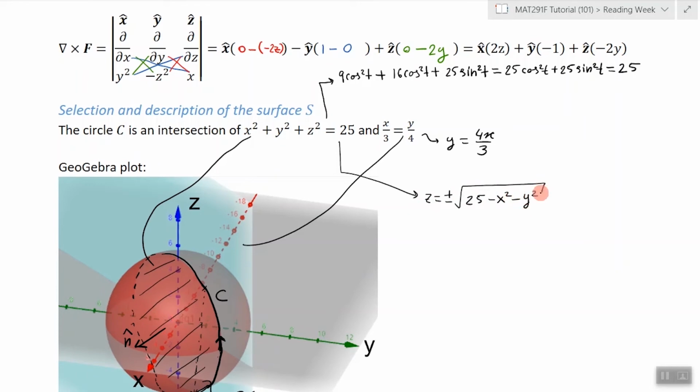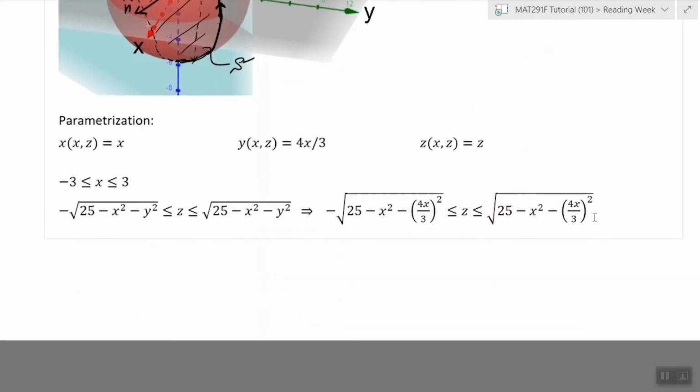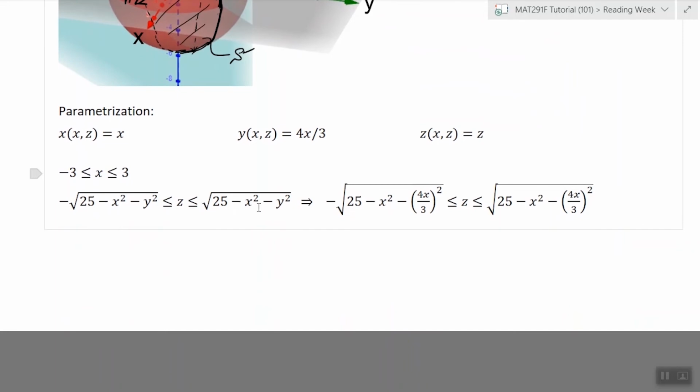That's how I got these bounds over here. And then the next thing you want to do is get rid of y, because we are going to integrate in terms of x and z. So I plugged in this for y, and that's how I got here.